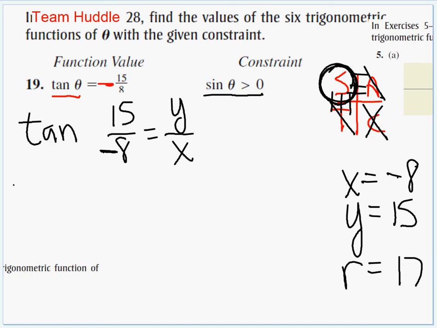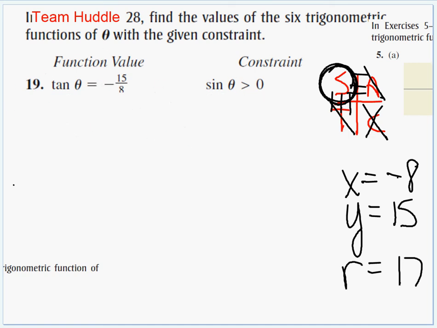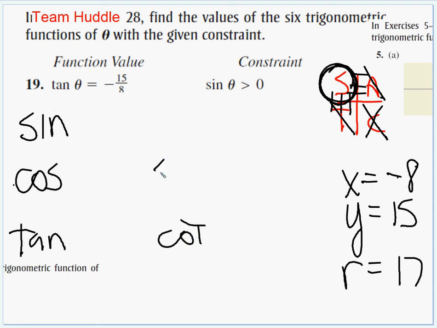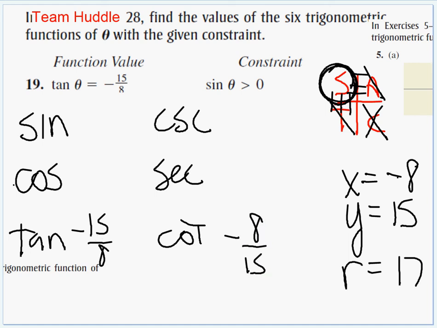Now, in this one, they do say find the values of the 6 trig functions. So I'm going to drop my angles: sine, cos, tan, cotan, secant, cosecant. Tan they gave us, -15/8. Cotan is just the flip of that, -8/15.